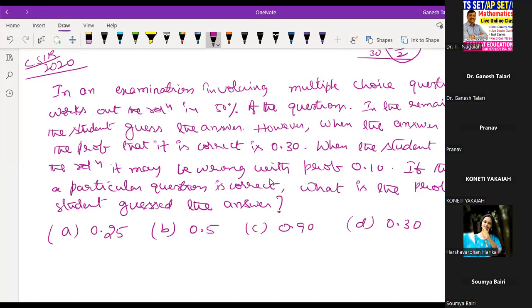So it is provided that the answer is correct. So you have to find the probability of guessing the answer when it is correct. You can make two branches: works out and guess.